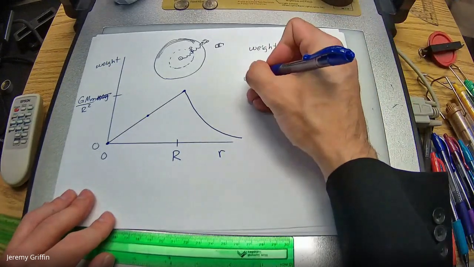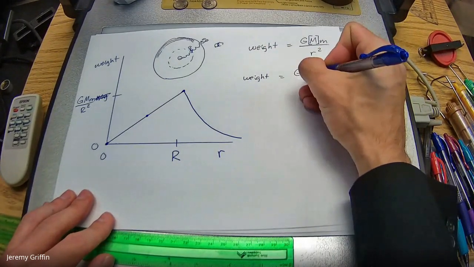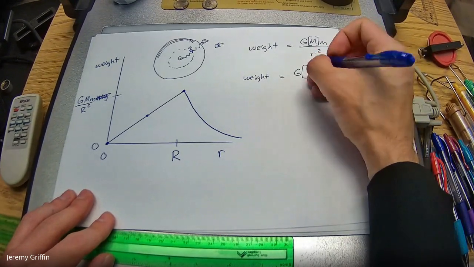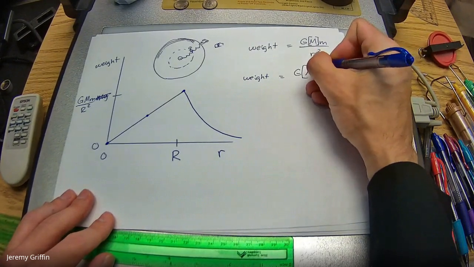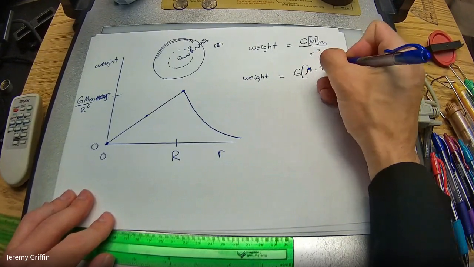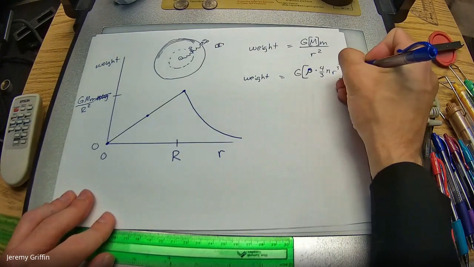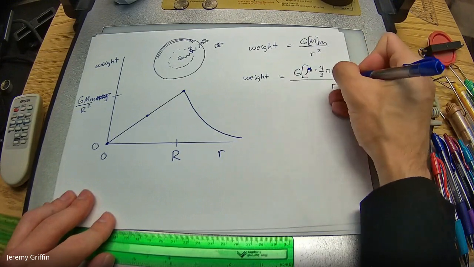So your weight is equal to G times, for the mass of the planet, let's do the same thing we did before: density times volume. Density of the dirt times volume, which is 4/3 pi r cubed. We have your own mass, all divided by r squared.